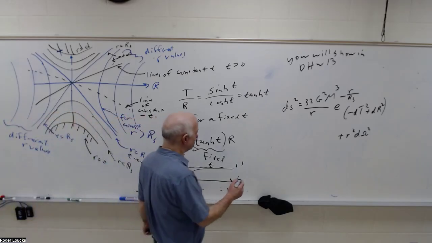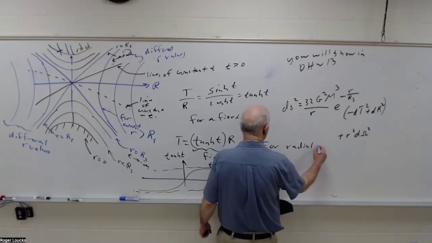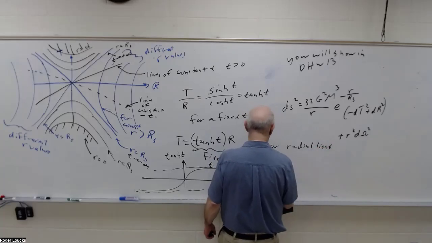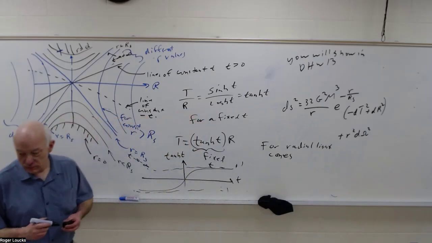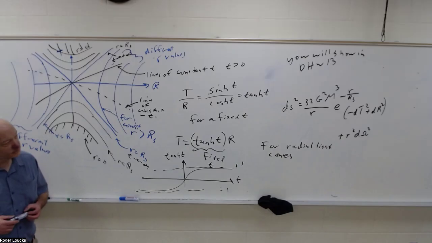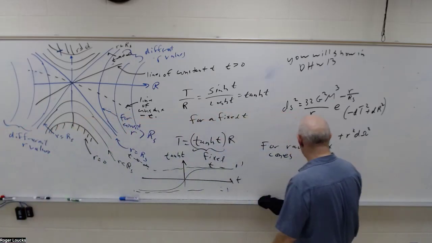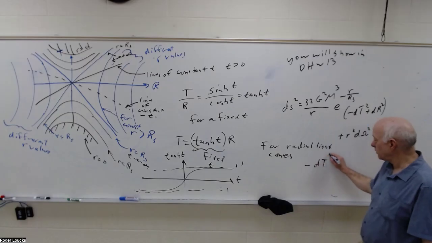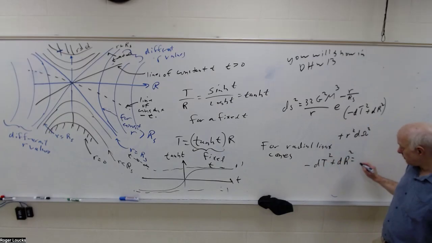So for radial light cones, dΩ squared is 0. Okay, so what are you left with? ds squared is 0, so minus dt squared plus dr squared has to equal 0.